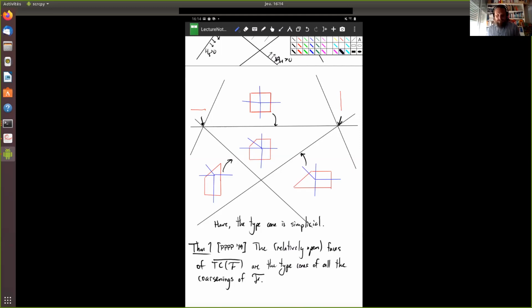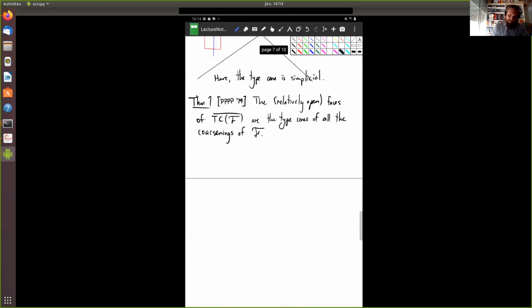I want to maybe add as a remark that the type cone of a simplicial fan is not always itself simplicial. So the fact that in the example above it's simplicial, that's pretty nice. It doesn't happen all the time.